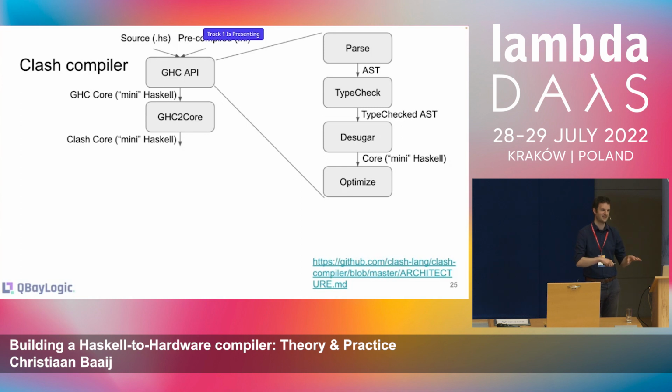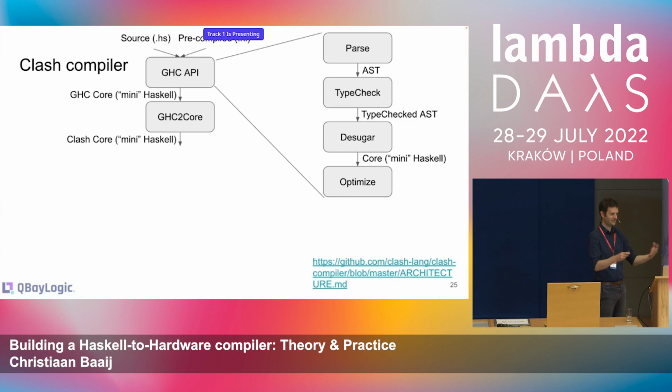So at a certain point in the development of the Clash compiler we said, all right, this is enough. I'm sick and tired of having to use CPP pragmas to know which version of the compiler I'm programming against. I'm going to translate GHC's Core to my own Core and provide a stable API.